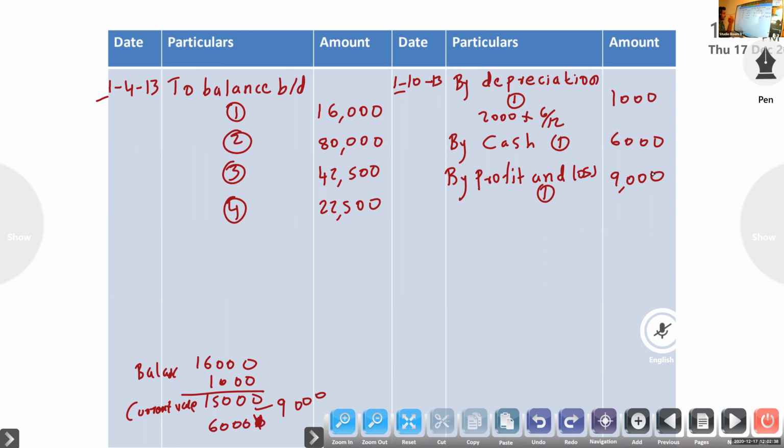Now, first one it is over. No need to look at the first one.